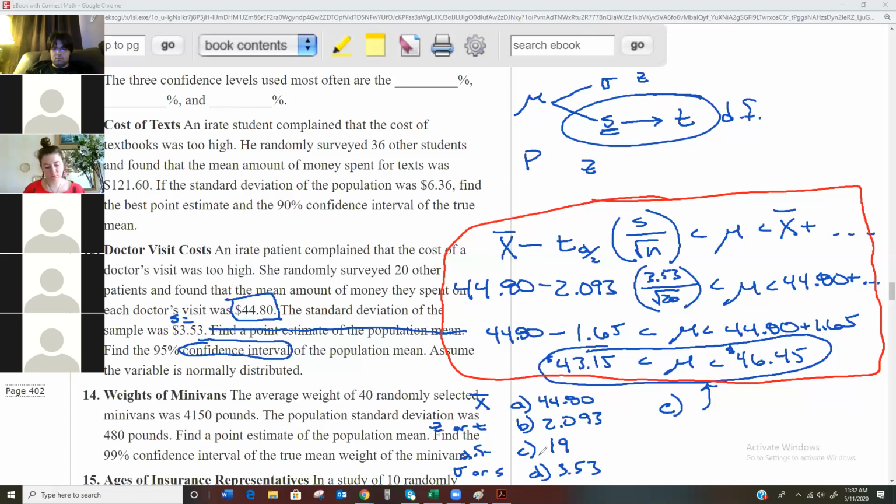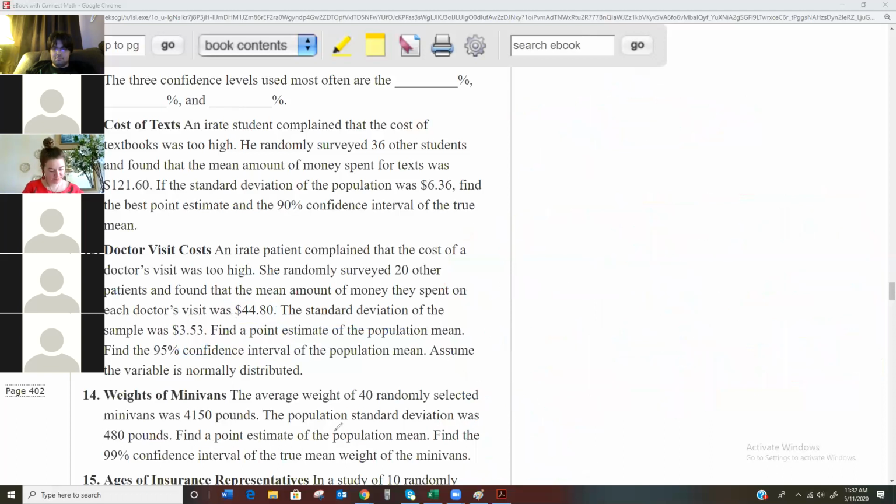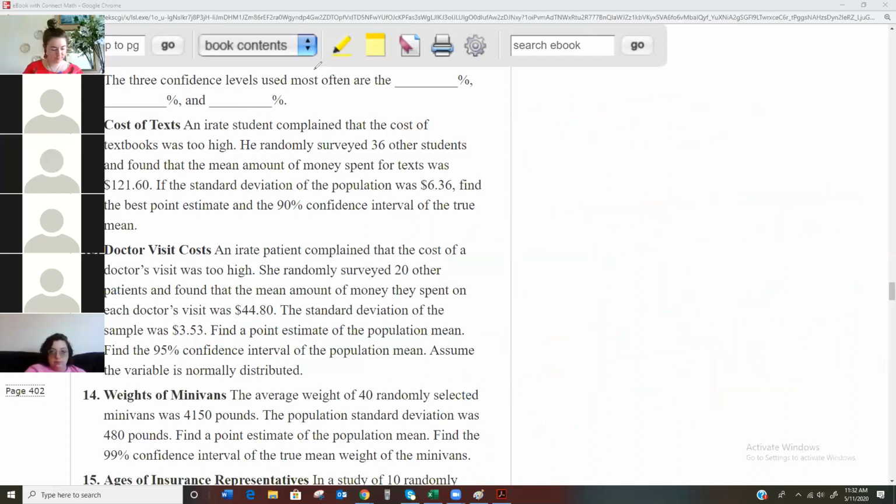So, you guys want to do one more? Let's do one more. If you don't want to do one more, here's the beauty of Zoom. If you don't want to do one more, you can leave. And I won't even notice, right? Probably. Okay, let's do one more. Let's do one that's different than that one.